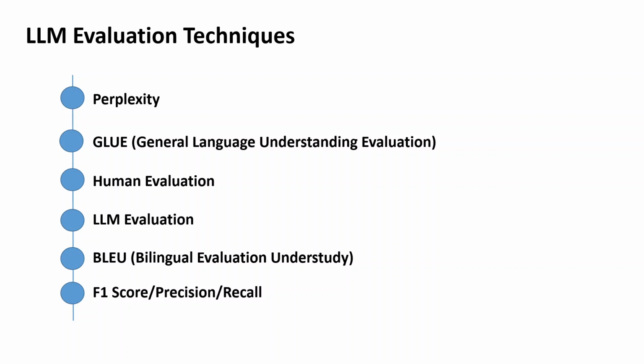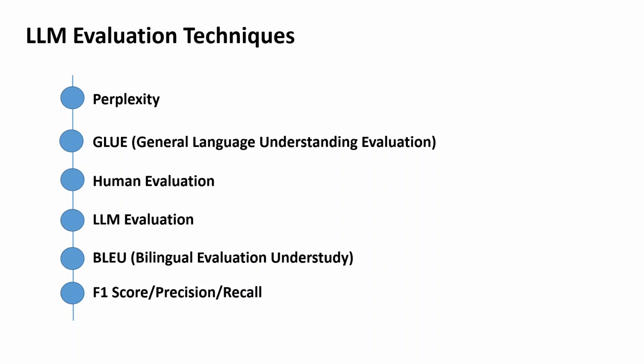So now, hopefully I have given you some background and context around why model evaluation is not really that straightforward. Now let's look at some of the model evaluation techniques which are out there. The first one which I come across is perplexity.